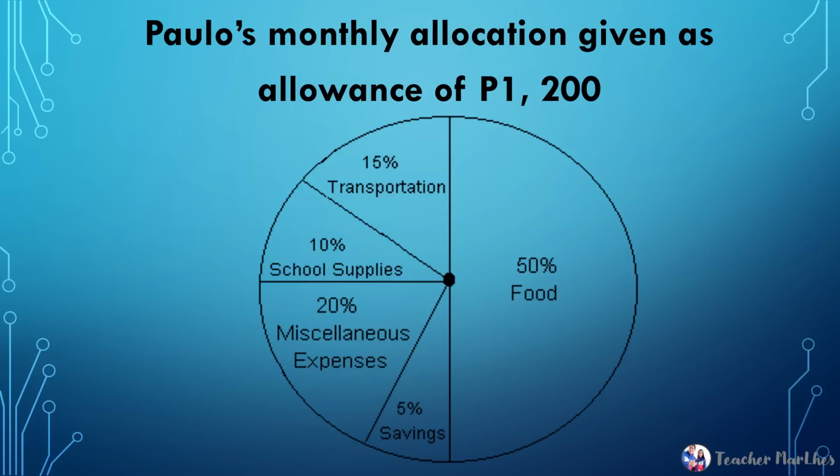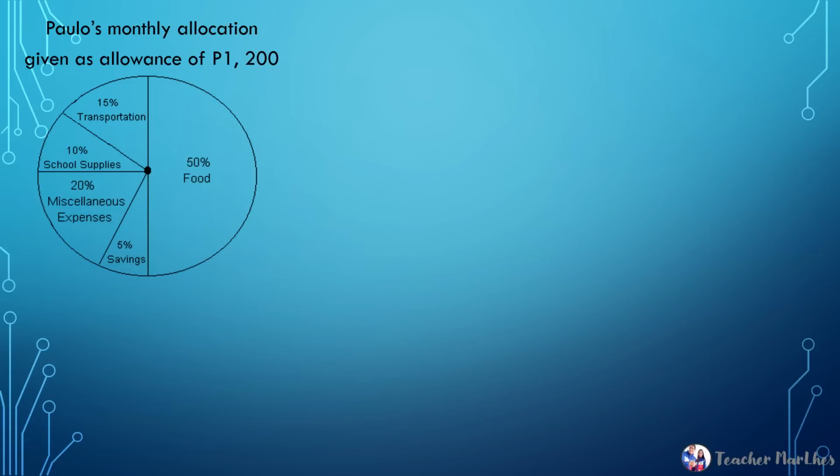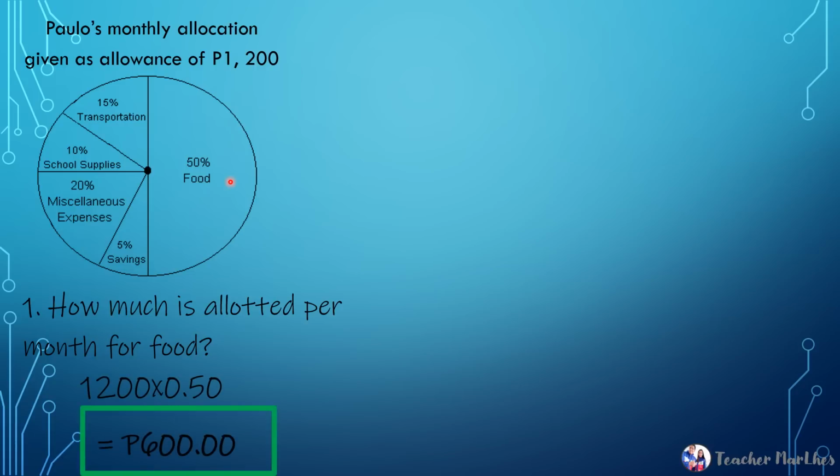So, 1,200 yung allowance niya. Question number 1, how much is allotted per month for food? Okay, so ang gagawin lang natin, 1,200 times 50% or 0.50. So, the answer is 600 pesos. So, 600 pesos yung budget niya para sa food.